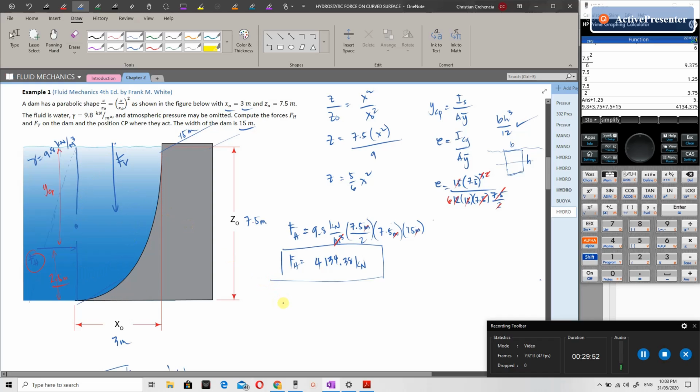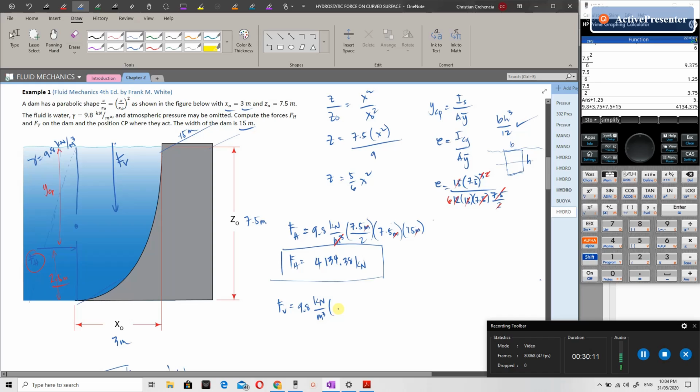Okay? So solving for vertical component, unit weight natin na 9.8 kilonewton per cubic meter multiplied by the volume. So para ma-cancel natin to, maiwan yung unit natin na kilonewton.